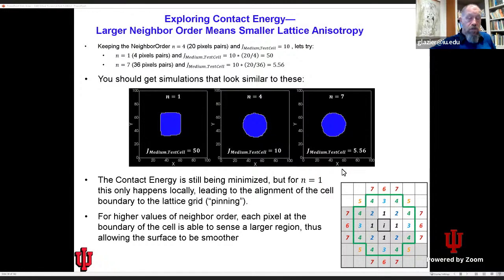And again, the issue for us is that when you make these changes of neighborhood or neighbor order, it's a little tricky to know how much you have to adjust the energies. That's something you have to explore because it will depend on things like how big the cell is. There's no simple way of getting that. You can get a rough back of the envelope from looking at how many neighbors there are out to radius x, and that'll give you a first order approximation.